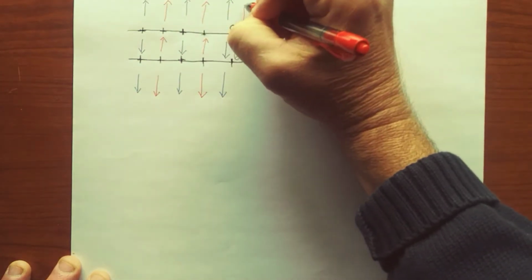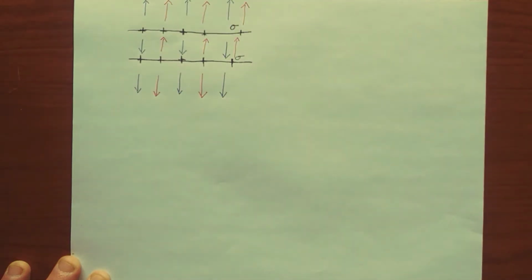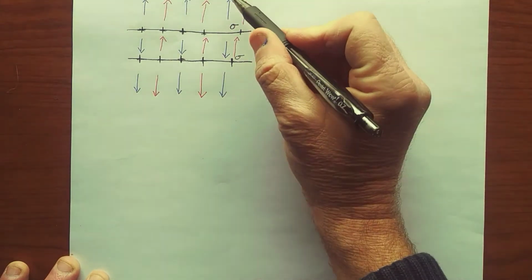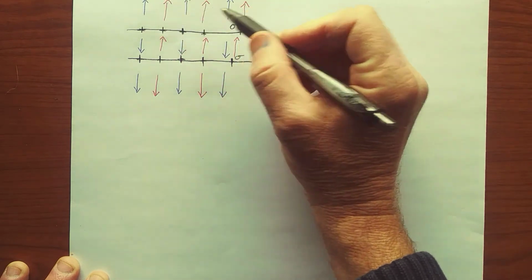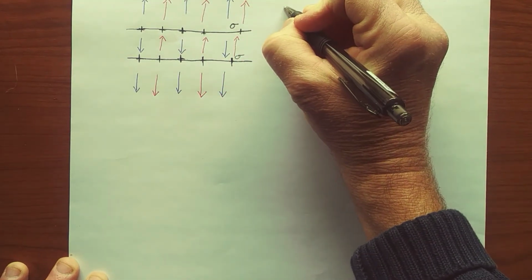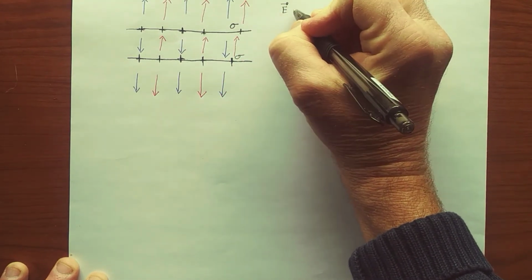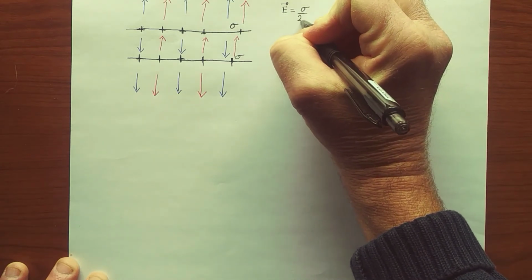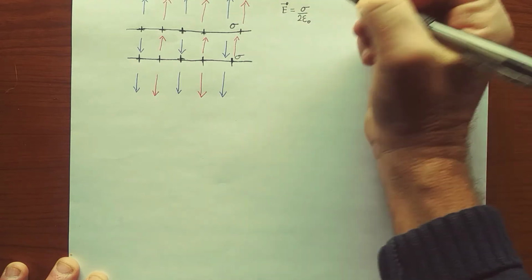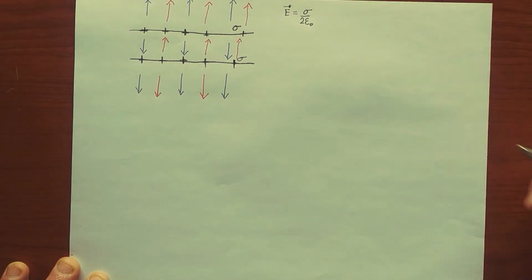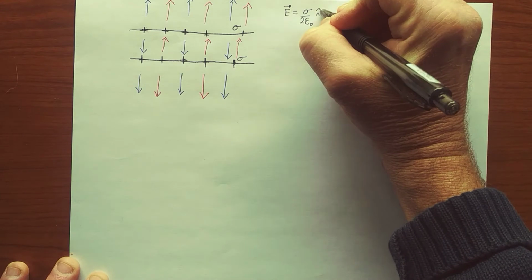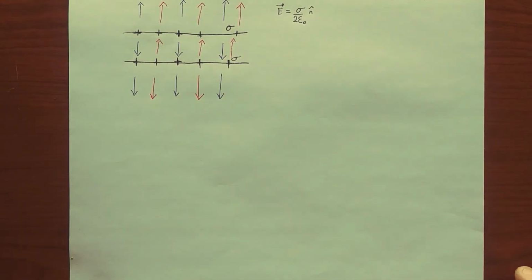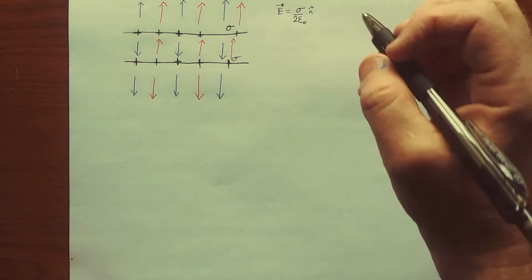So we can see from the different colors that the net electric field here is going to be the sum of the two electric fields, which we know, as we've seen before, is equal in magnitude to the charge density sigma over 2 epsilon naught, of course, in the n hat direction.